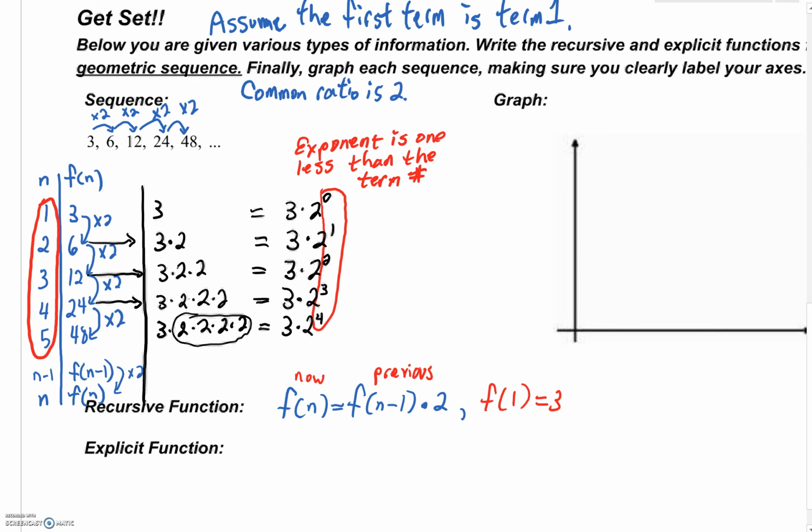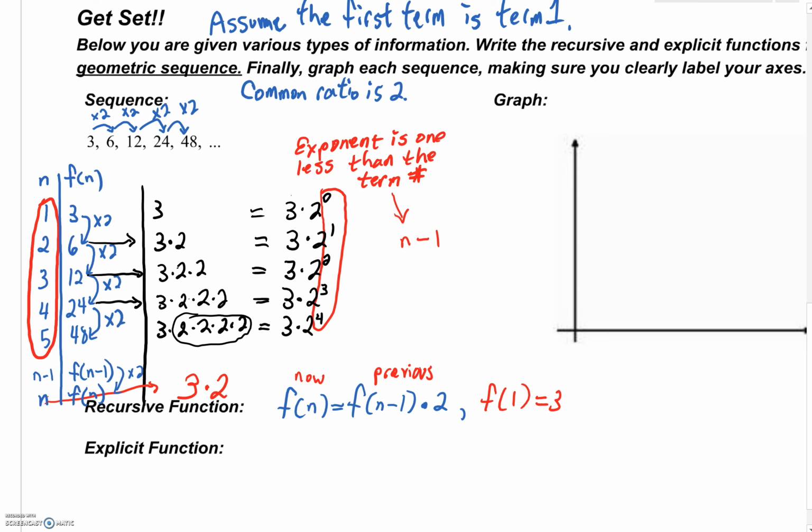And how could we write that in math, with mathematics? We could say that that power would have to be 1 less, subtract a 1 from the term that we're working with. So this is going to be our exponent. So what we're really seeing is this. When we're at this nth term here, we should see a 3. All of these patterns have a 3.